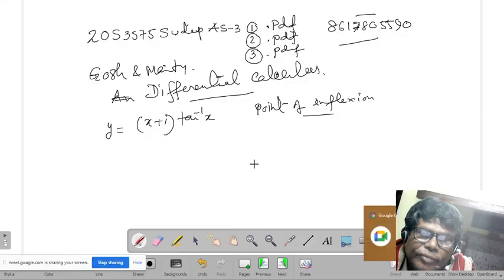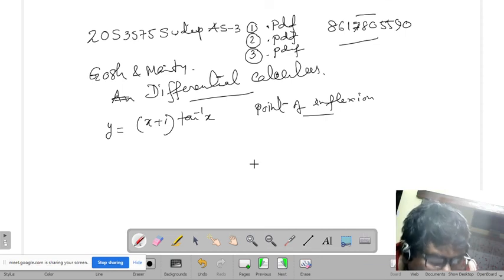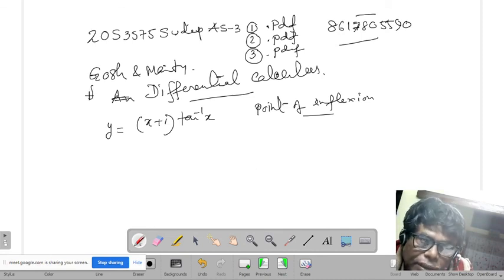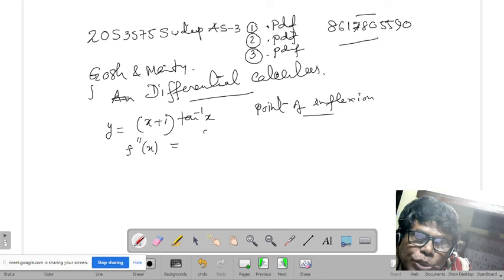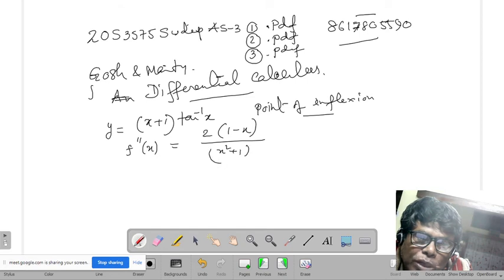Sir, 1 and minus 1. What is f double dash x? F double dash x, what is the value? It should come like this: (1 minus x) divided by (x square plus 1) to the whole square.